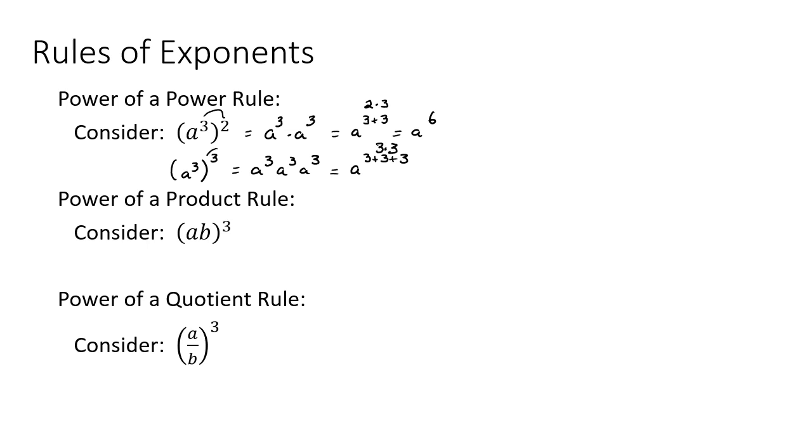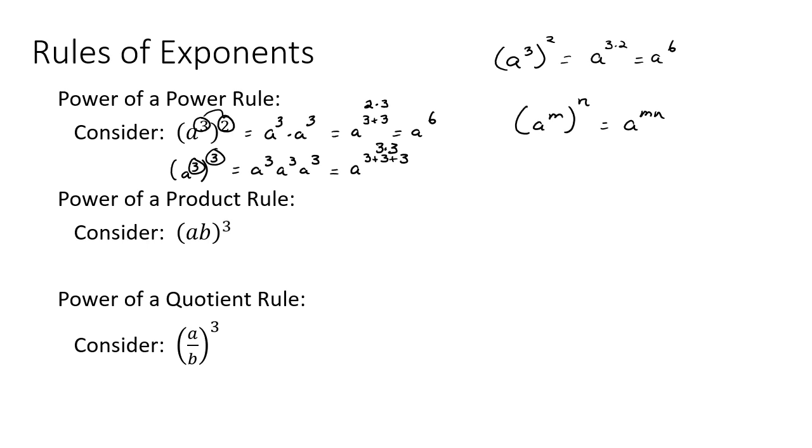So in other words, you're essentially just multiplying the exponents together. A cubed squared would be a to the 3 times 2 power, or a to the 6th. And in general, a to the m in parentheses, the parentheses are important here, raised again to the n power is just a to the m times n power.